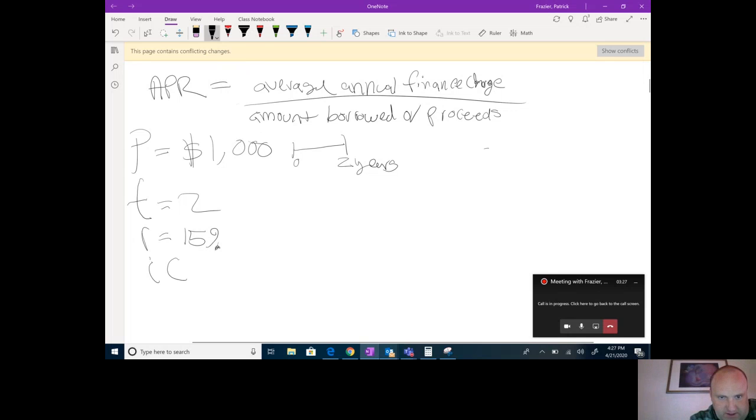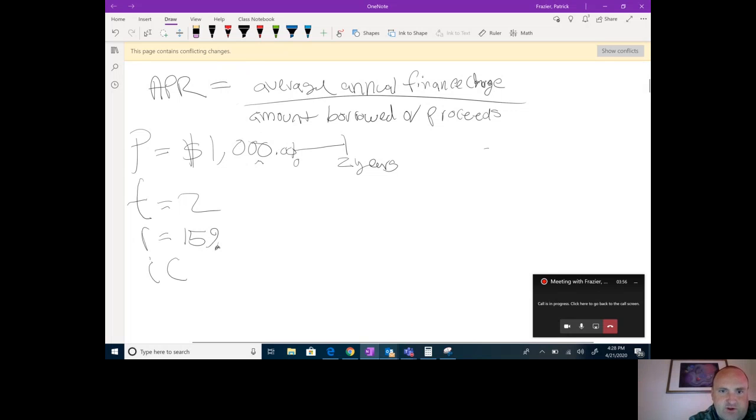So 10% of 1,000, again, move the decimal place over 1 decimal place. So that would go from 1,000 to $100. And 15% is just 10 plus 5. Well, half of 10 is 5, so half of 100 is 50. 100 plus 50 is $150.